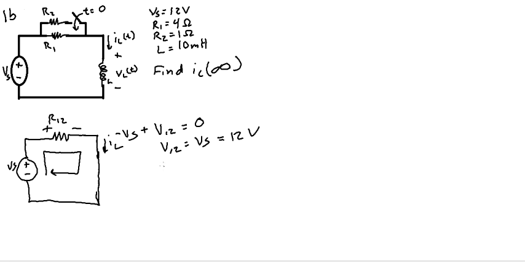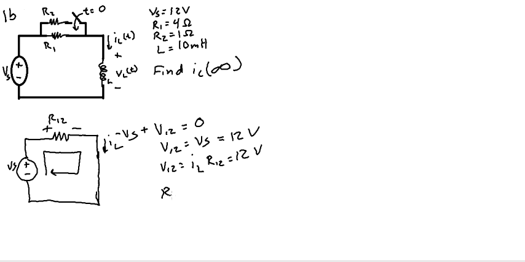Alright? So V12 is also equal to the I, which is the I all around this thing is the same, so we can call this IL, times the resistance 12.